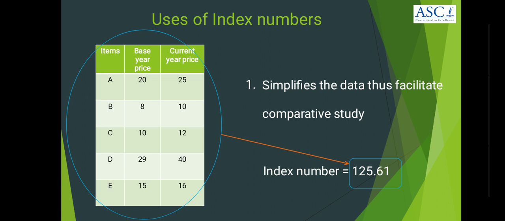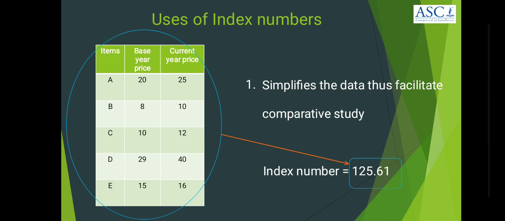For this, we consider a data given here having different items A, B, C, D and E with their prices in base year and current year. If an index number is calculated for this data, we obtain a single value 125.61 to represent the entire data.